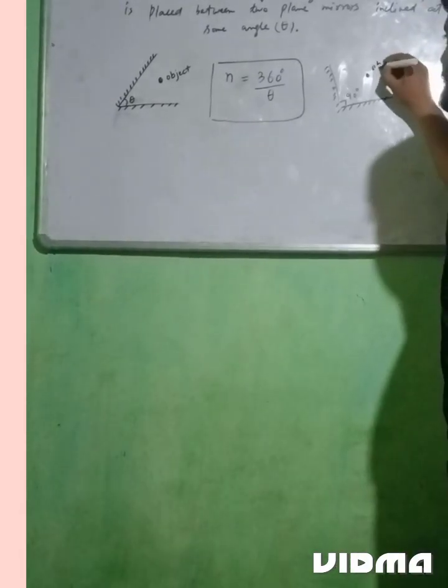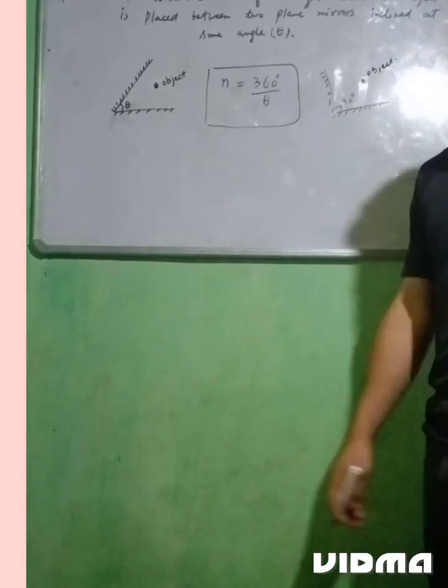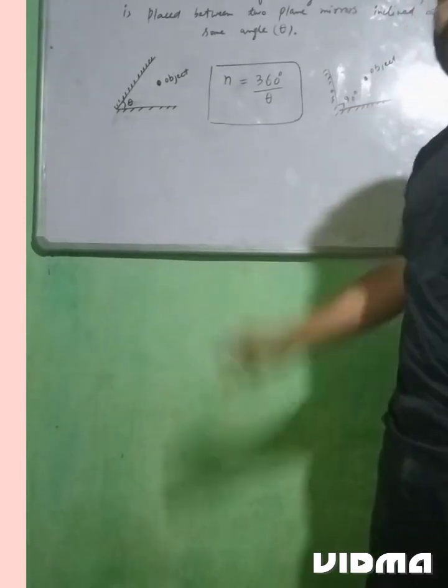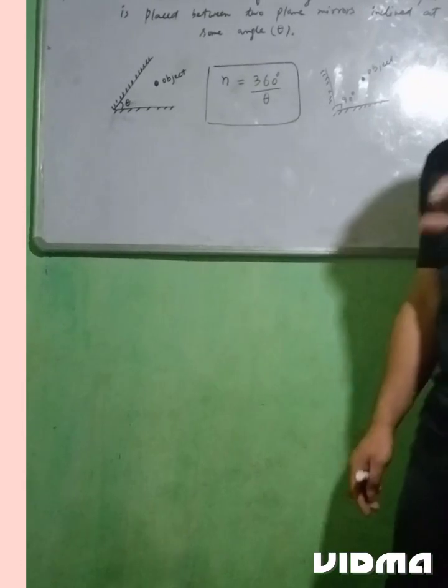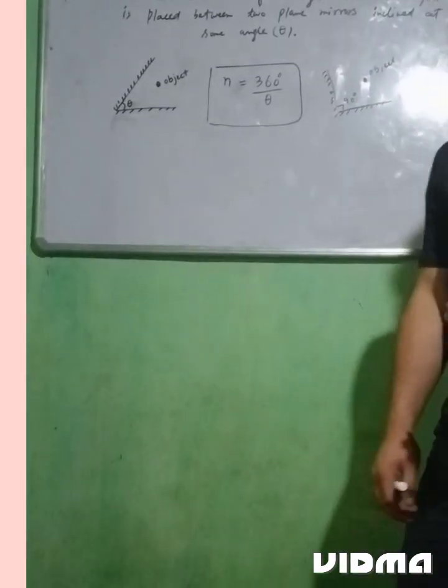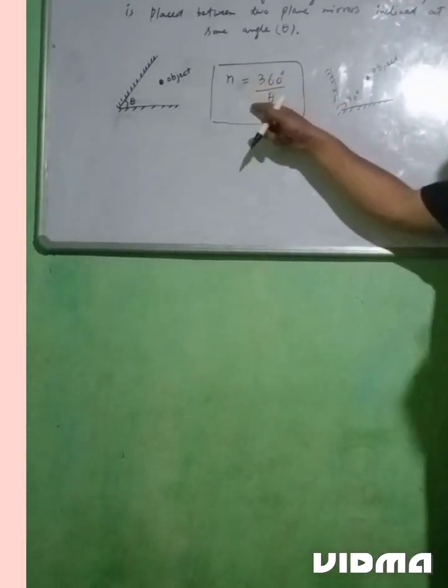This is the object. How many images of this object will be formed here when it is placed between two plane mirrors which are inclined at 90 degree? We will use this formula.